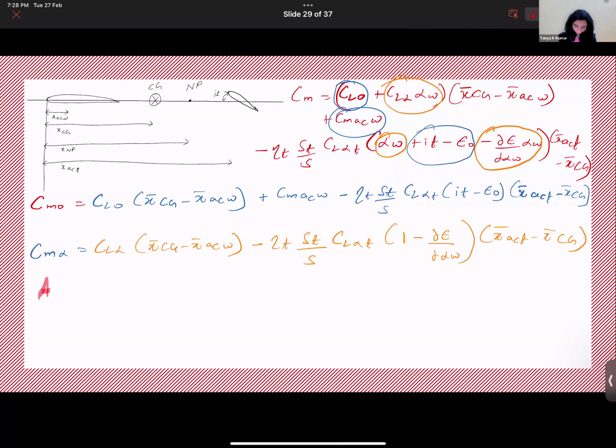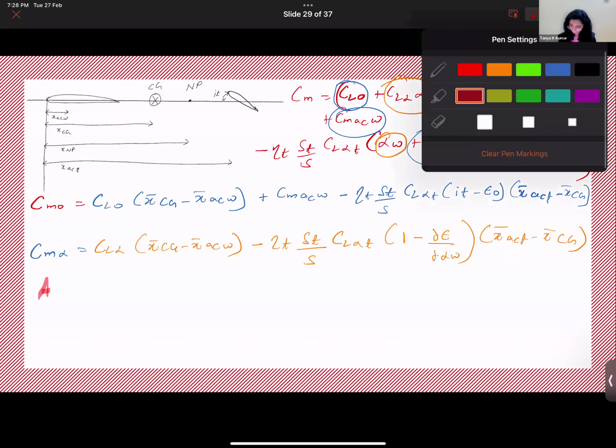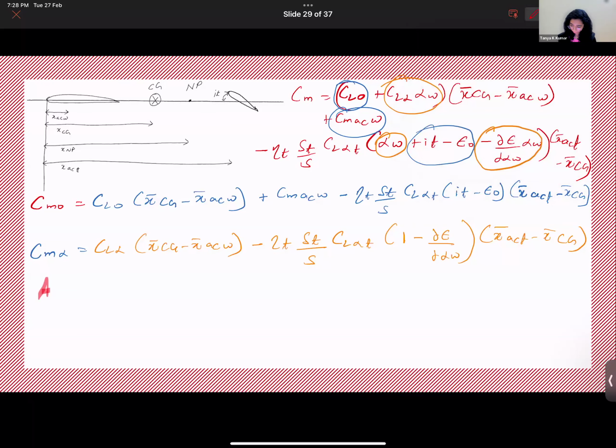So at CG equal to neutral point, CM alpha becomes 0. So just substitute these quantities into CM alpha, this equation, and you can find out neutral point. Can you try doing that? Just try doing that.